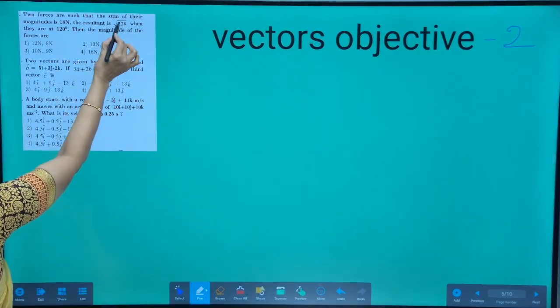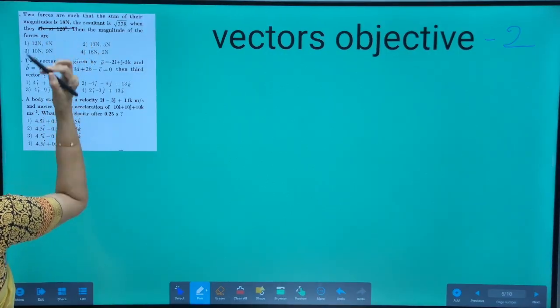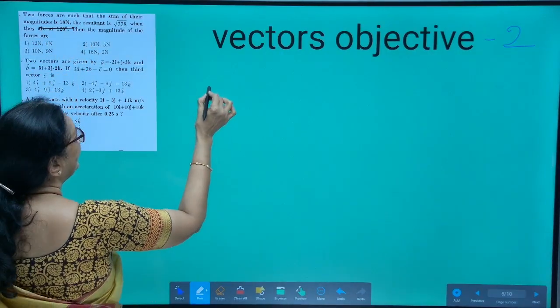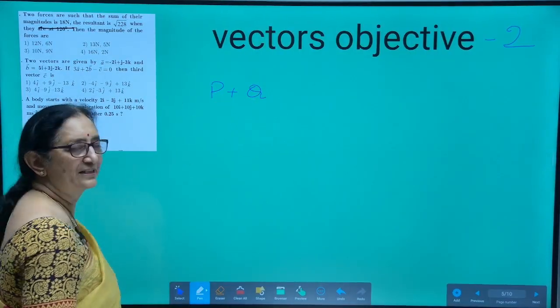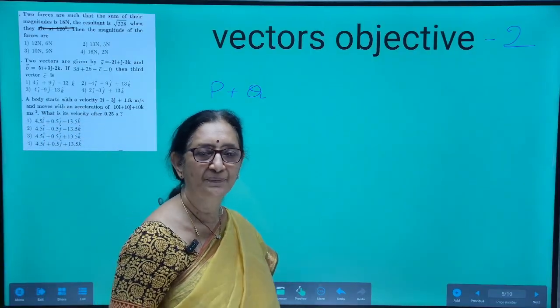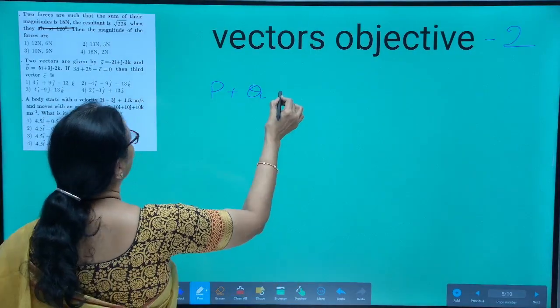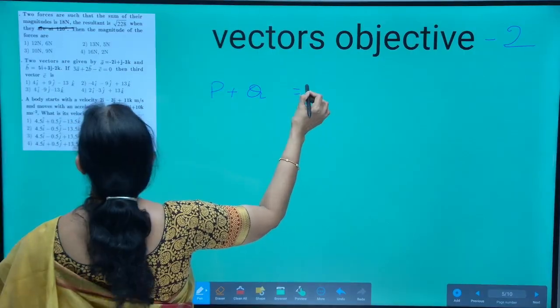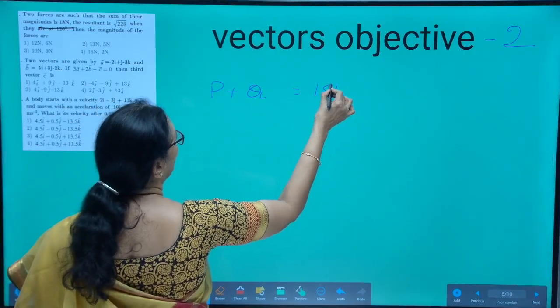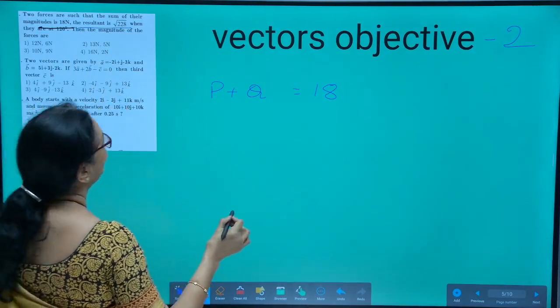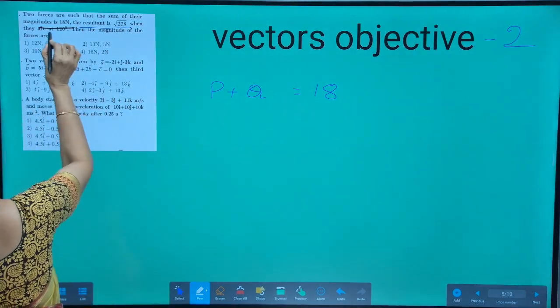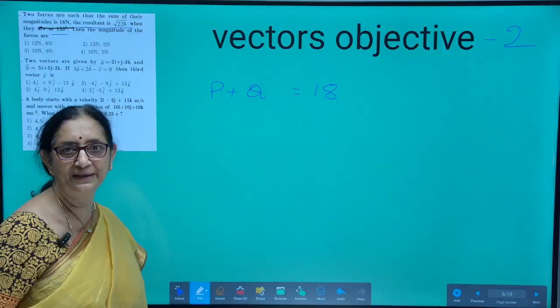Two forces are such that the sum of their magnitudes is 18 Newton. Let the magnitudes of the two forces be P and Q. It is given that the sum of the magnitudes of the two vectors is 18 Newton, and the resultant is root 228 when they are at 120 degrees.